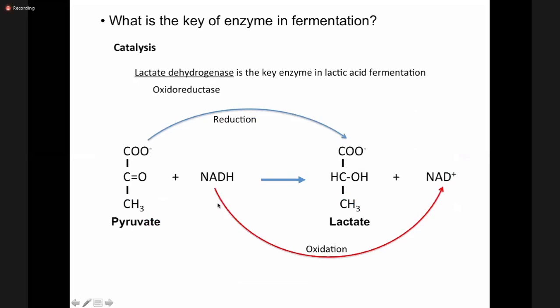So producing lactate from pyruvate is a chemical reaction catalyzed by lactate dehydrogenase. The reaction is like this. In this case, if you want to get lactate, you need to reduce pyruvate.